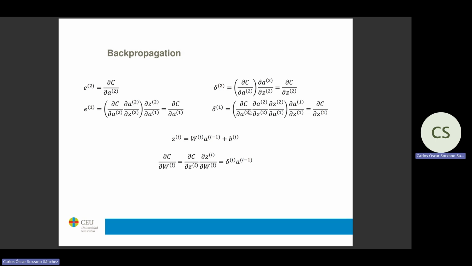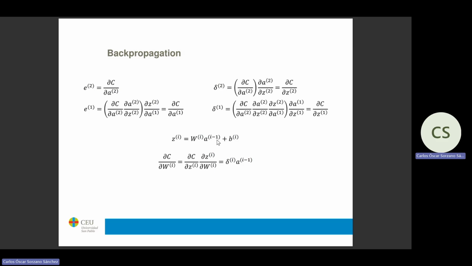So it is cost with respect to activation of the second, activation of the second with respect to the combination of the second, combination of the second with respect to the activation of the first, activation of the first with respect to the combination of the first one. Okay, now we have names for all these derivatives.